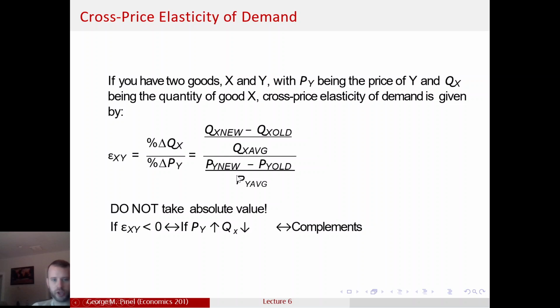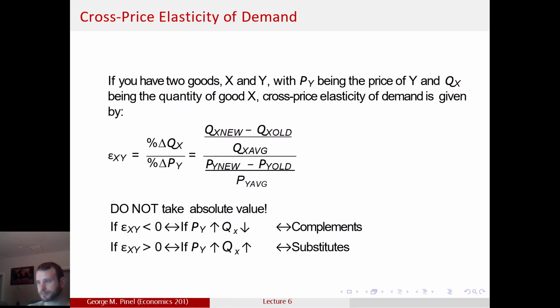The price of good Y increased, and quantity demanded of good X decreased. If the price of good Y increased and that causes quantity demanded of good X to decrease, that means you have complements. If the price of peanut butter increases, you'd expect the quantity demanded of jelly to decrease.